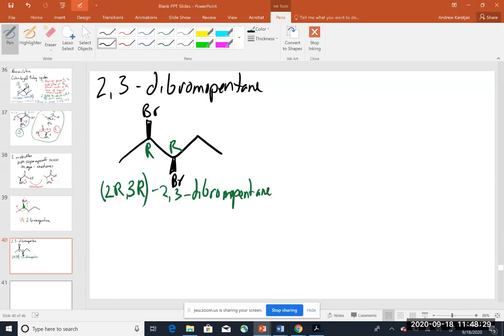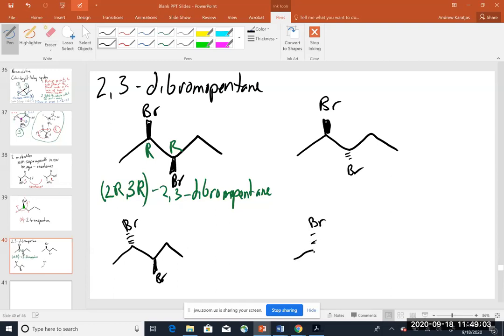But how many other stereoisomers exist for 2,3-dibromopentane? So when we only had one chiral center, there were 2 possible isomers. But when we have 2 chiral centers, it's going to double. And we have 4 possible isomers.